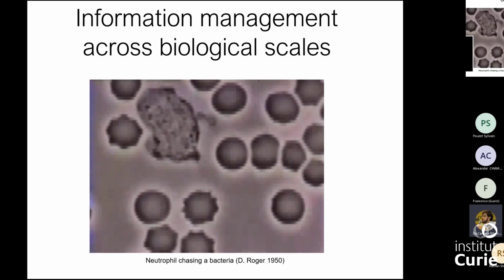When we look at this movie, we have a strong sense of precise information processing, precise chasing after the bacteria. Of course, the scale is much lower than the full animal, and there is no brain, there is no small computer inside this relatively simple bag of chemicals.